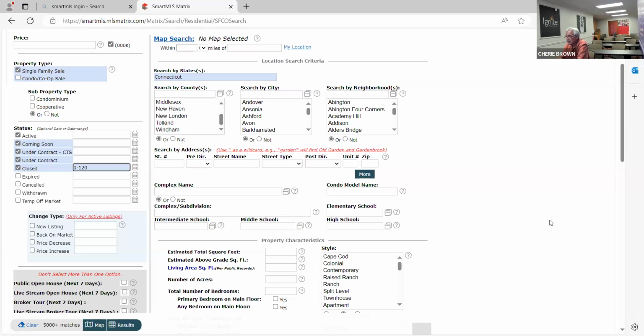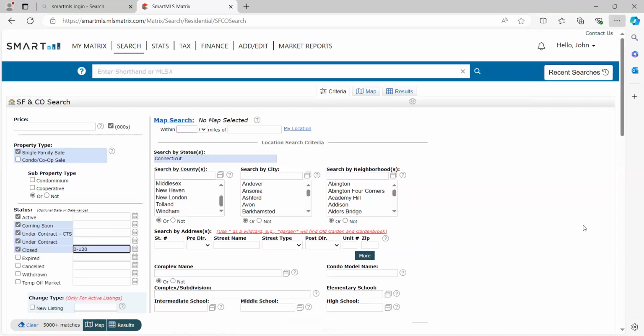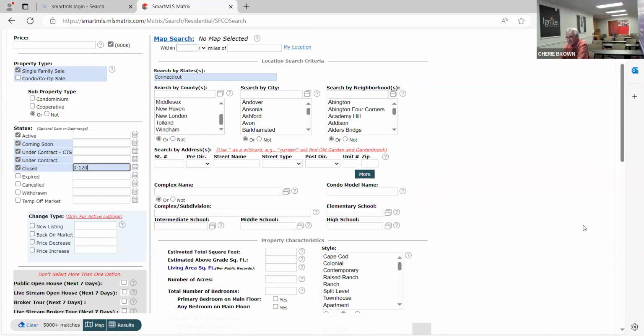When I initially do a CMA, I try to keep my search criteria to a minimum. I don't want to eliminate properties that could be good comparables. As an example, our property has 1.5 bathrooms and 4 bedrooms. I'm not going to search by bedrooms or bathrooms.